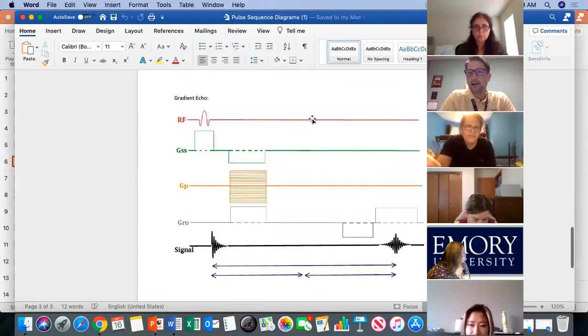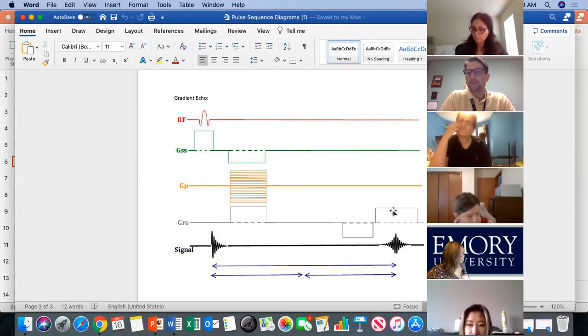On this red line right here, there is no 180 degree refocusing pulse, because what is doing that job is our gradients, and particularly it's going to be our frequency encoding gradient that dephases our spins and then rephases our spins. So this frequency encoding gradient is going to be responsible for regrowing this signal.